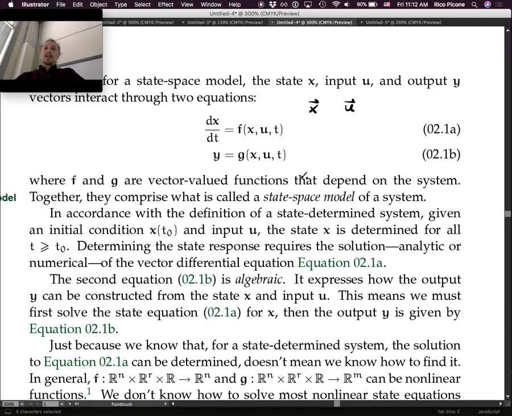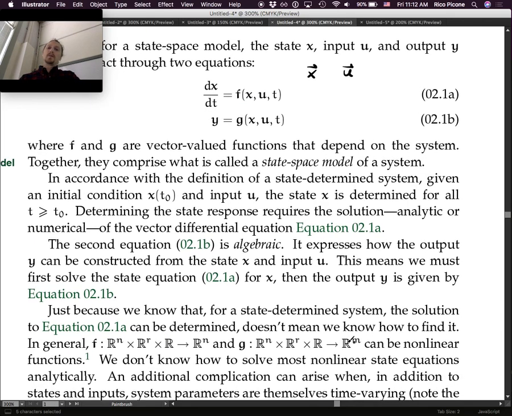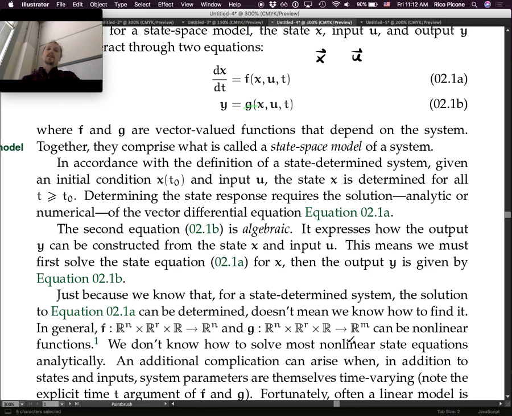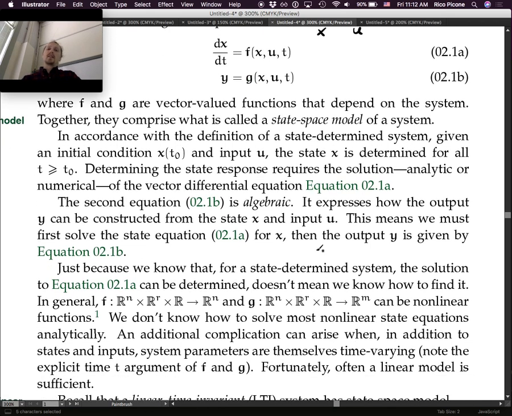Good. So the second equation, 2.1b, is algebraic. It expresses how the output y can be constructed from the state x and input u. This means we must first solve the state equation for x, then the output y is given by equation 2.1b. So we solve this equation. It gives us x as a function of time.